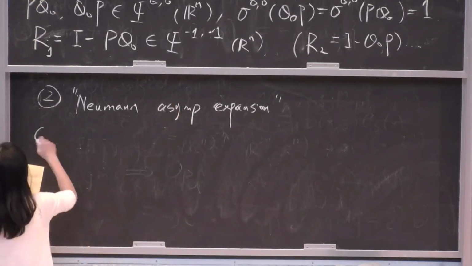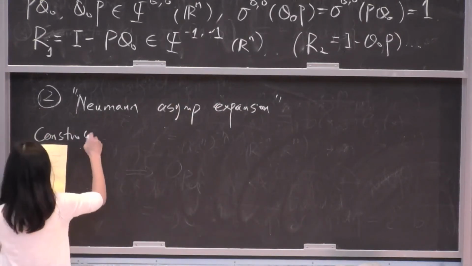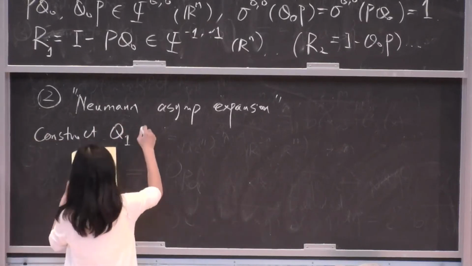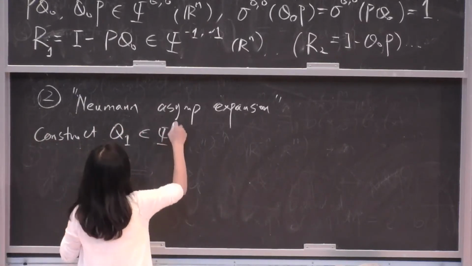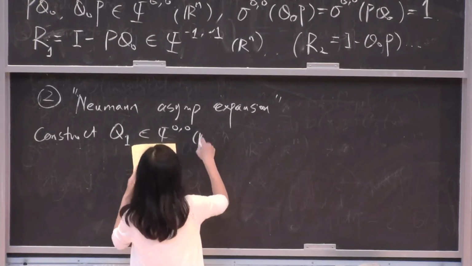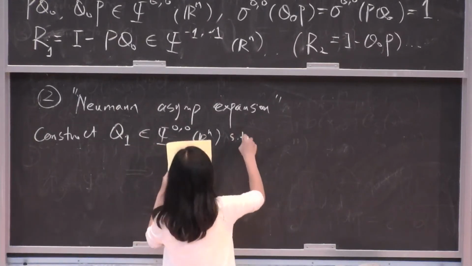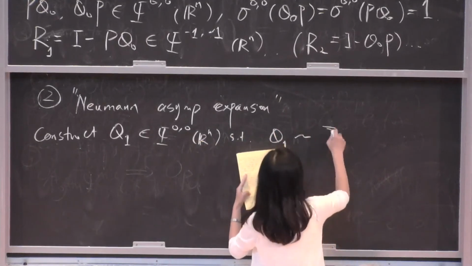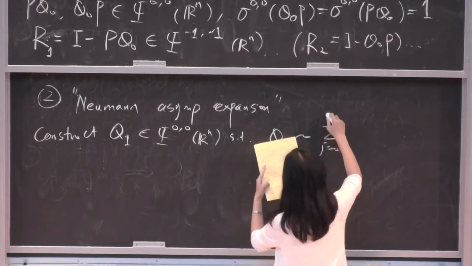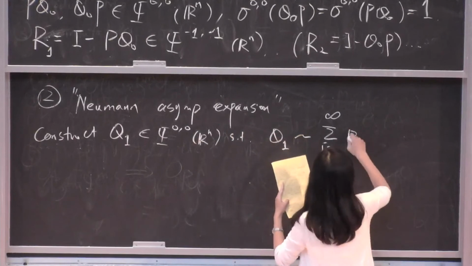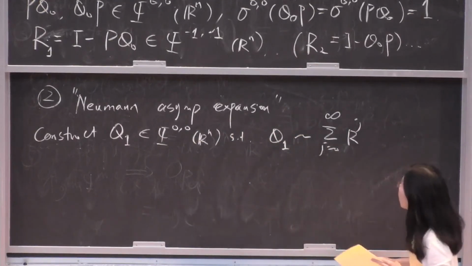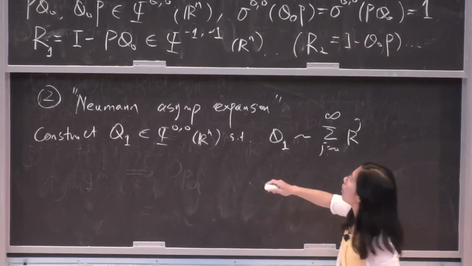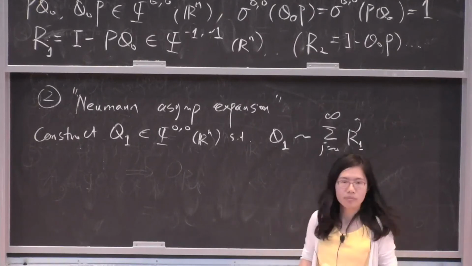So that is, I'm going to construct Q1 in psi 0, 0 R^n, such that Q1 has asymptotic expansion given by the sum over j from 0 to infinity of R1 to the j.